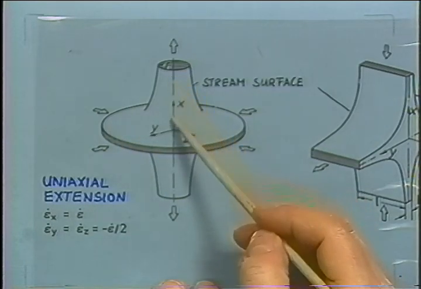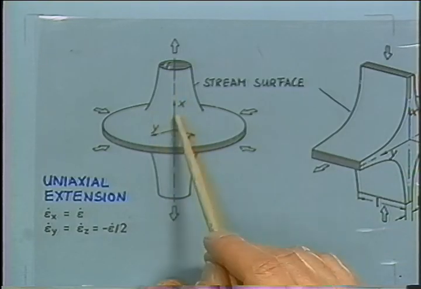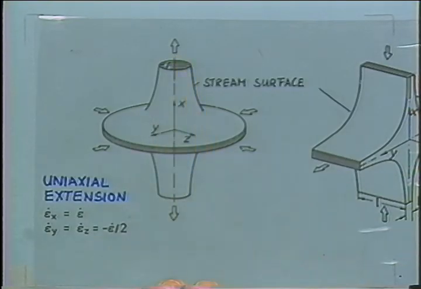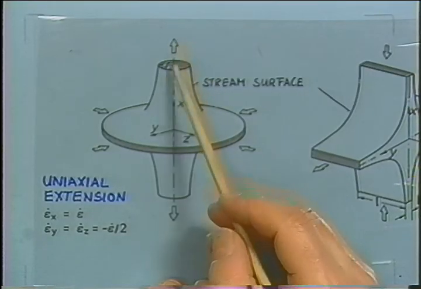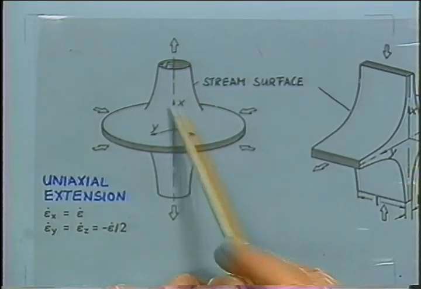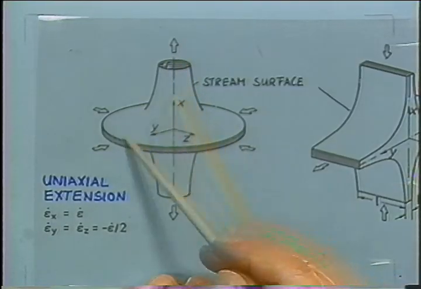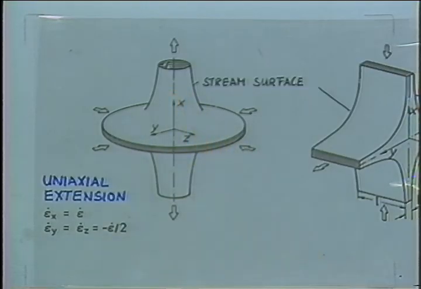If it goes upward, a little disc down here is being stretched into a fiber. So fiber producing this way would be uniaxial extension with a positive extension rate, and equibiaxial extension, making a sheet, making a little flat disc out of a fiber, is a uniaxial extension with a negative extension rate.